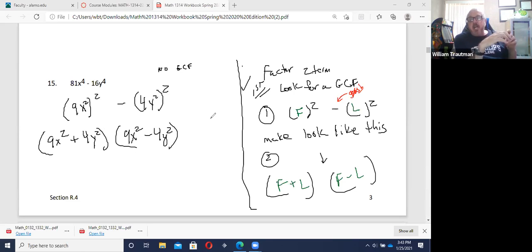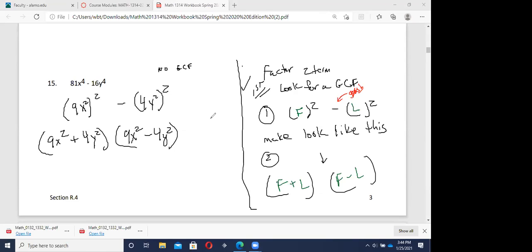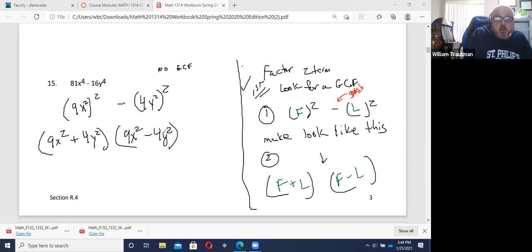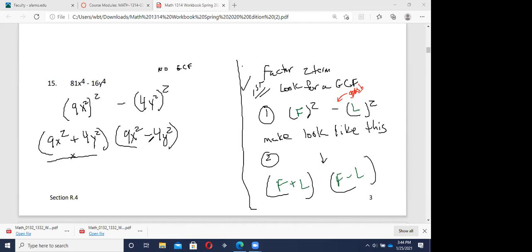So if you type this answer into the homework, your homework is going to mark it wrong. Can anybody tell me why? Because they could factor more? Yes. You can only factor 2 terms when there's a subtraction between it. So I cannot factor this one anymore.